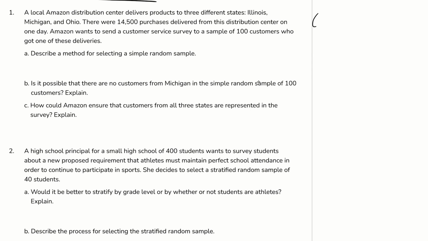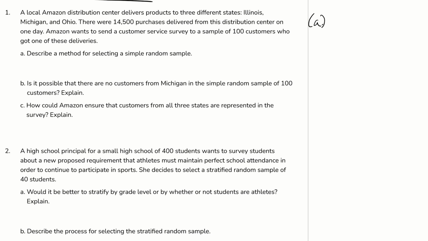All right, so we got Part A. We want to select a simple random sample. So this is like what we did in Part 1, right? Describing that. There are 14,500 purchases, right? So we want to look at those. So we're going to label each customer with a number from 1 to 14,500. Each person gets a unique number from those numbers, and then we're going to use a random number generator.